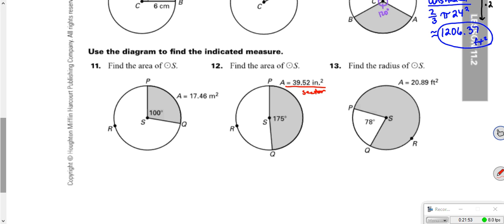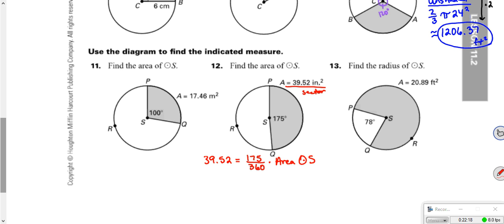Remember, your area of the sector equals the ratio of the angle measure over 360 times the area of the circle. So our setup is going to be 39.52 equals 175 over 360 times the area of circle S.